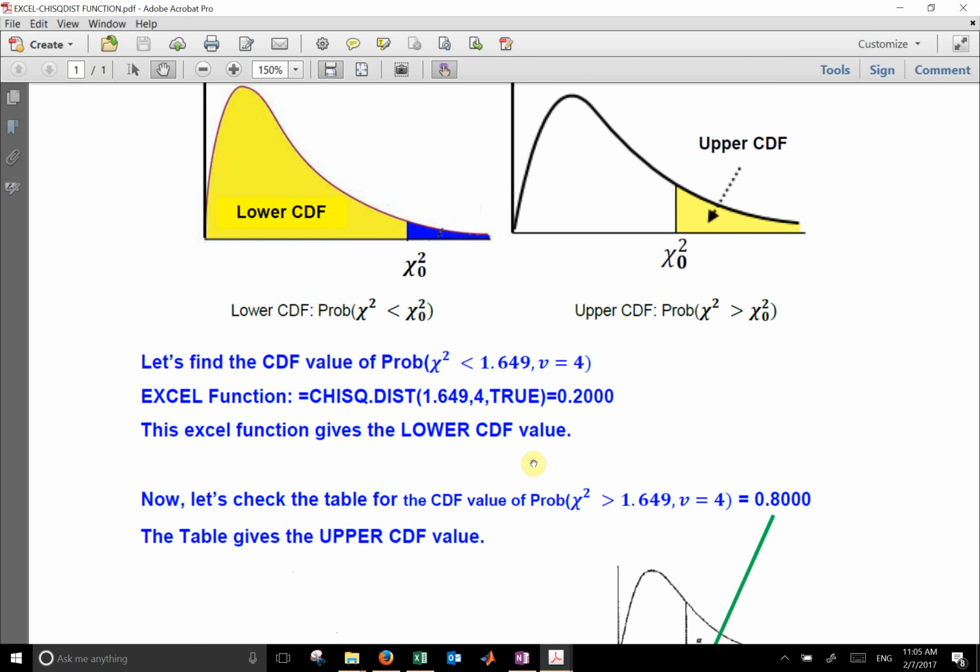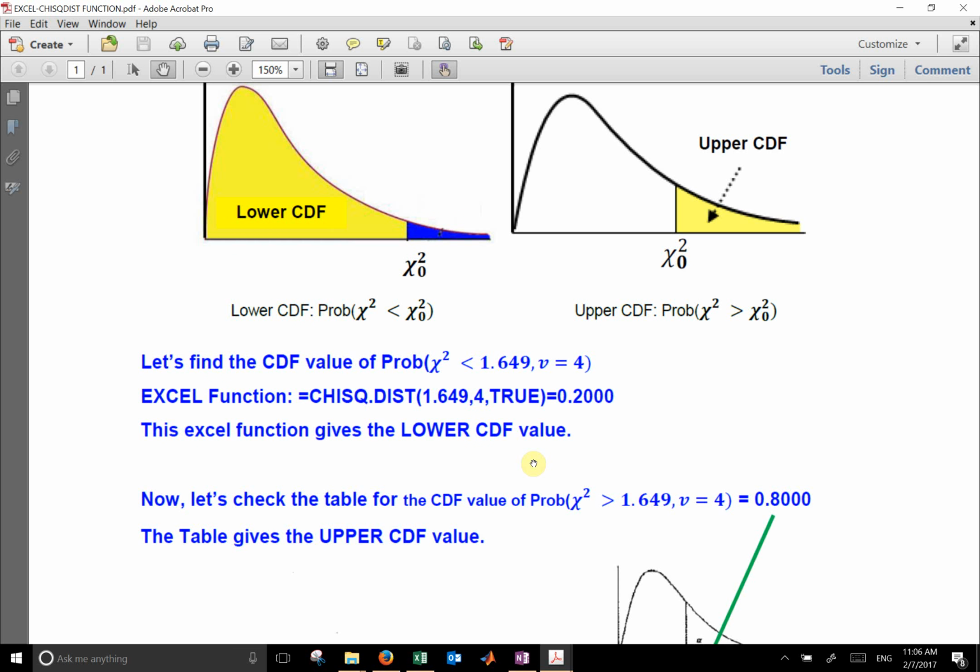This 0.2 gave us this area, and 1.649 is this location.